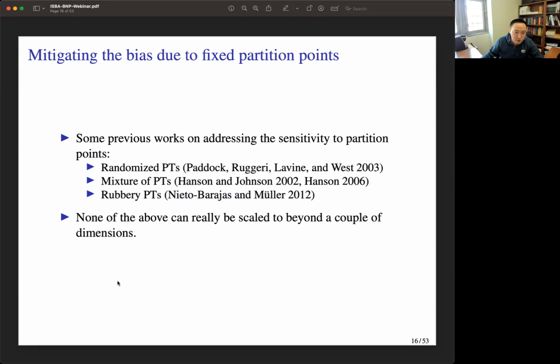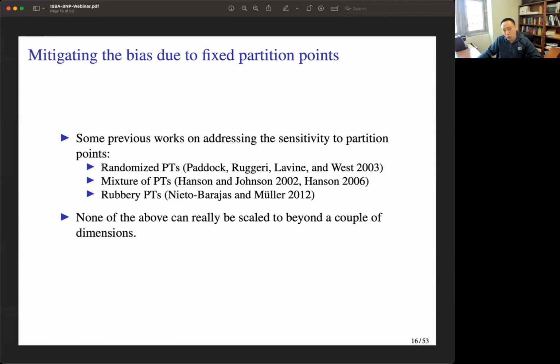So this is a different strategy. I would consider it some kind of bias correction. Since you know there's this bias and you have some idea of what the bias looks like, you correct that bias. Whereas these two earlier works are really hitting the issue of the restrictiveness of the partition tree and trying to relax that.